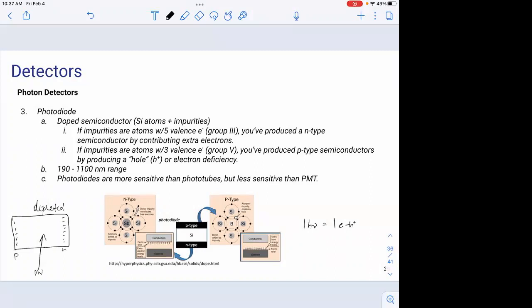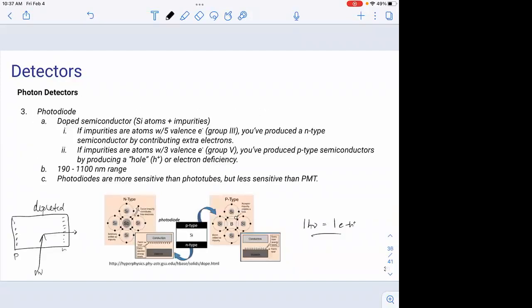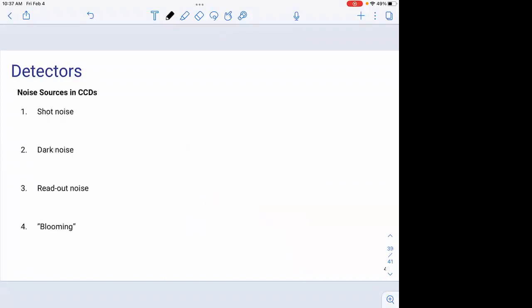I will form an electron hole pair that is able to sweep across this detector to be converted into current. Very exciting, not super efficient. Relatively small dynamic range, right? Oh no, maybe I have not talked about that.